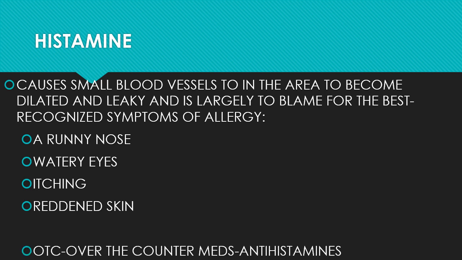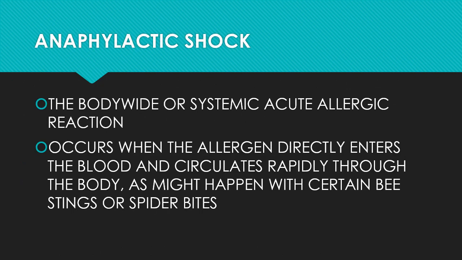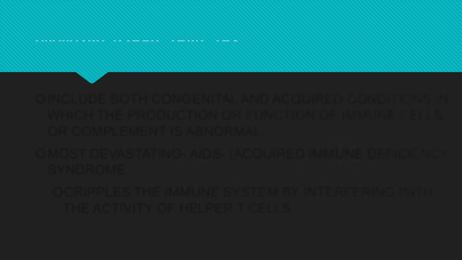And over-the-counter meds are the antihistamines. Anaphylactic shock, the body-wide or systemic acute allergic reaction, occurs when the allergen directly enters the blood and circulates rapidly through the body, as might happen with certain bee stings.